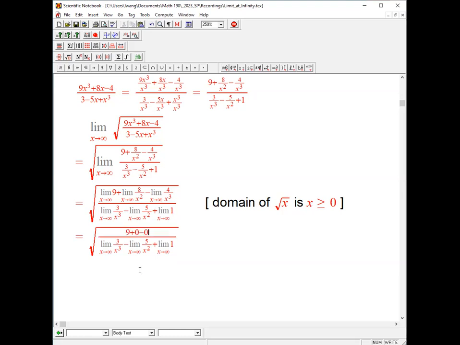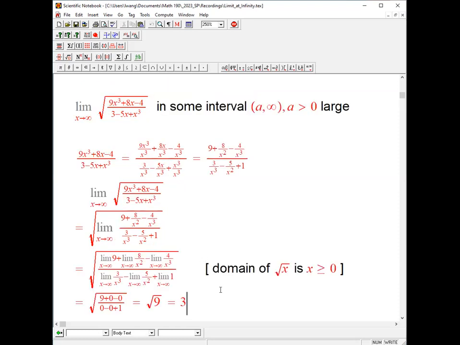So this is 0, and this is 0, and that is 0, and that is 1. So we got the square root of 9. The square root of 9 is 3.